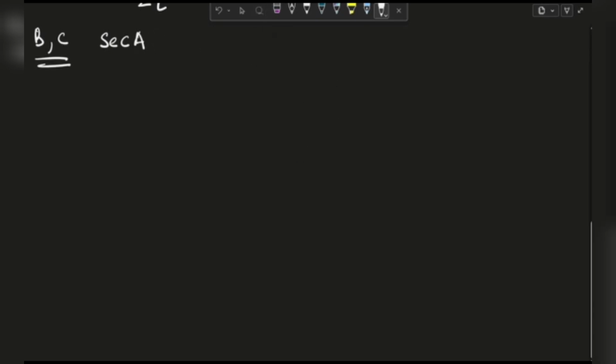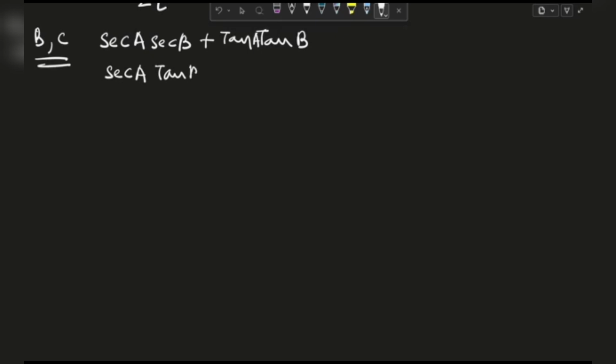Our two expressions were secant A secant B plus tan A tan B, and the other expression was secant A tan B plus tan A secant B. I guess this was given and this we have to find, right?